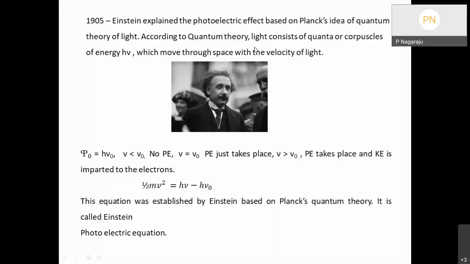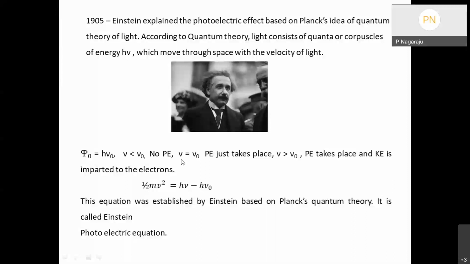According to quantum theory, light consists of quanta or corpuscles of energy h nu, which move through space with the velocity of light. Like what I have already explained about the threshold energy or the work function, phi naught is equal to h nu naught. According to Einstein, if the frequency of the incident radiation is less than the threshold frequency, no photoelectric effect takes place.